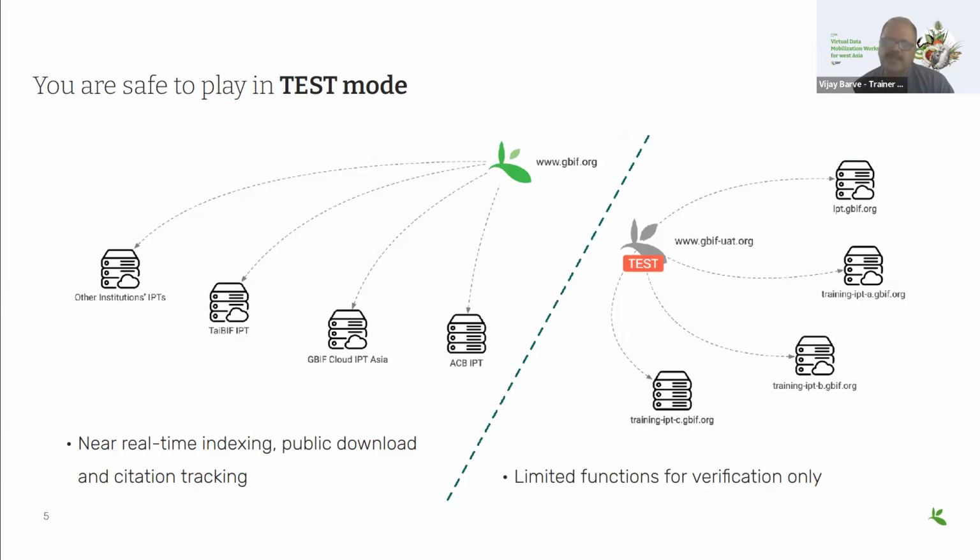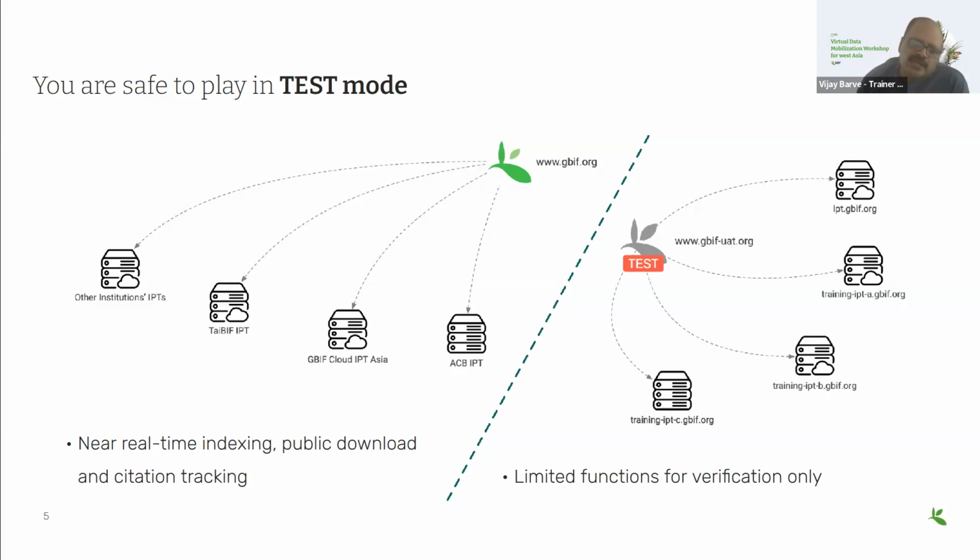It's going to be in a test environment all the time, and only for testing purposes you or other people, like your co-authors, can look at it and decide whether it looks all right, or does it need any changes. So it's basically going on GBIF's test server and not the real GBIF server when we go through data publishing on the test or training IPTs.